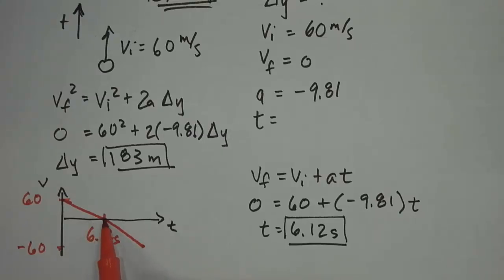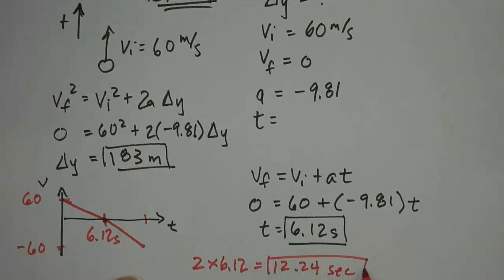The peak height would be at this point right there. So to find the time it's in the air, it would just be 2 times 6.12, and that would be 12.24 seconds. This would be the total time in the air.